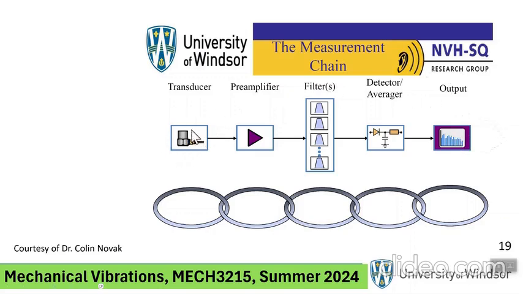Among them, for example, the level of the voltage can be so minute that you really have to magnify it considerably, and that's a preamplifier stage. And even then, there's a lot of noise that may be coming into the picture that has to be filtered out and sorted. And finally, it goes through another intermediate stage, and all the way to your output.